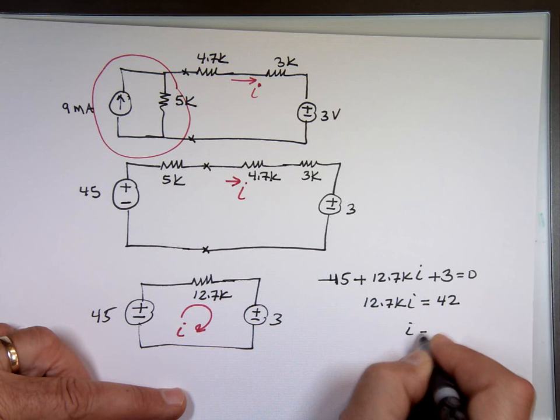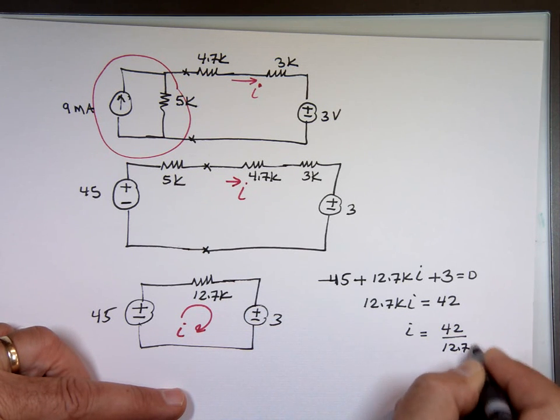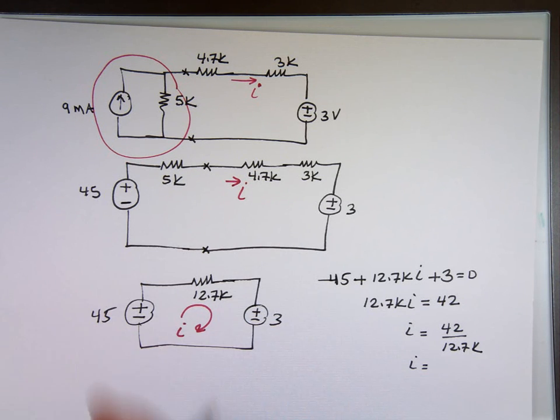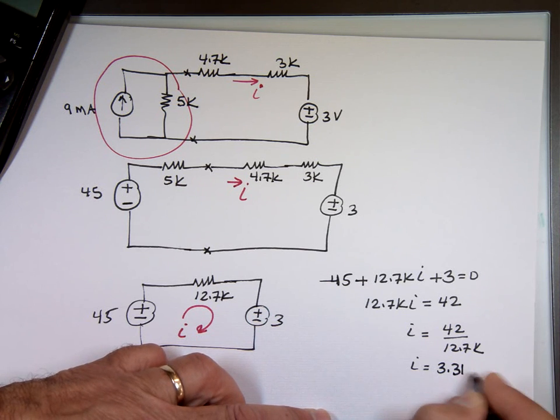What is I equal to? 42 divided by 12.7K. That'll be milliamps. 42 divided by 12.7 milliamps. 3.3 milliamps. 3.1 milliamps.